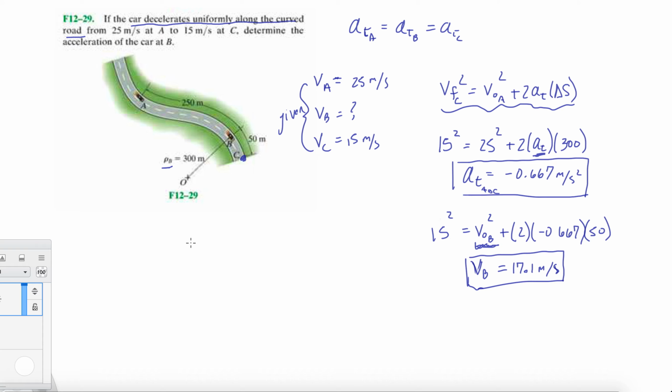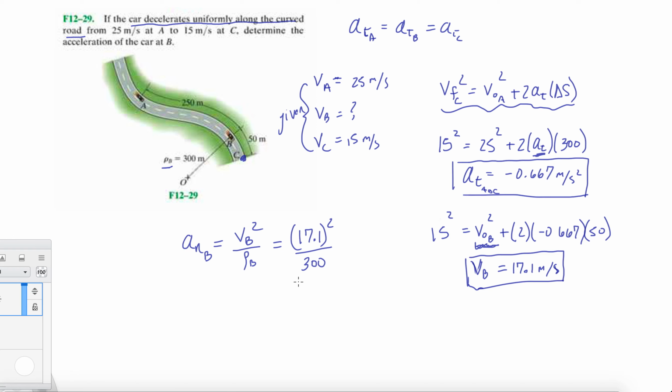So that allows us to calculate the normal component of acceleration at B. What's my tangential velocity at B, and then what's my radius of curvature at B? We know the velocity, 17.1 squared divided by 300.